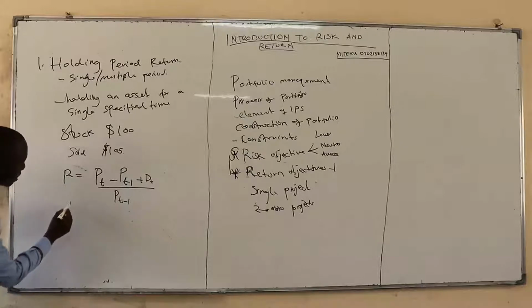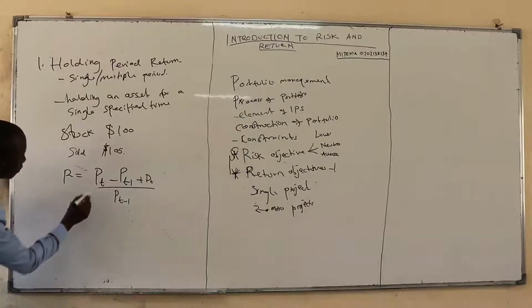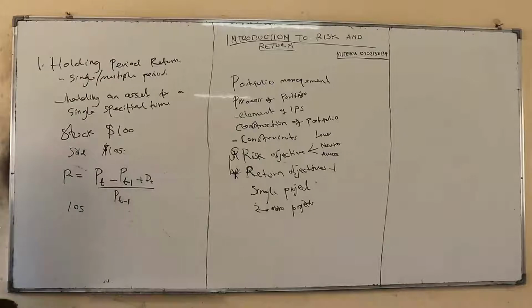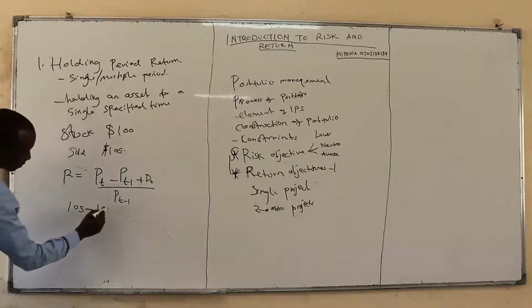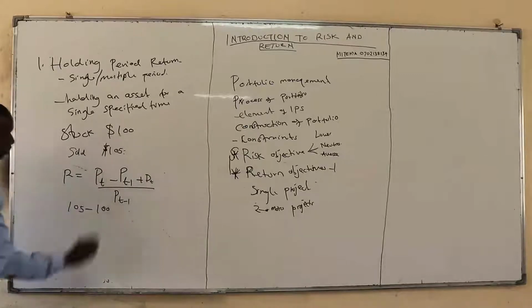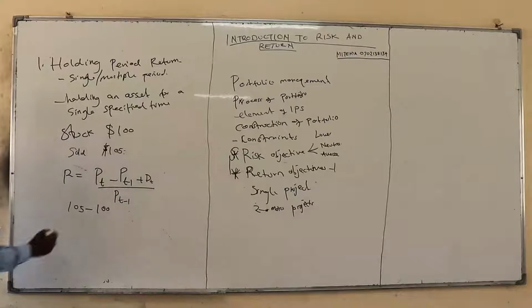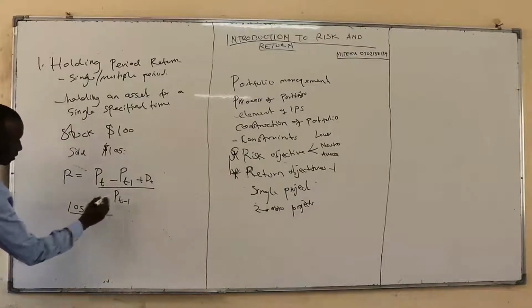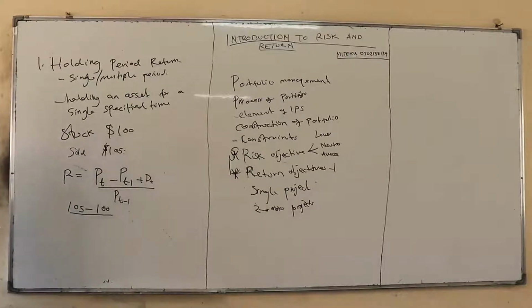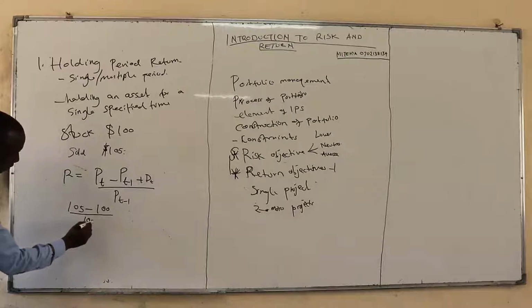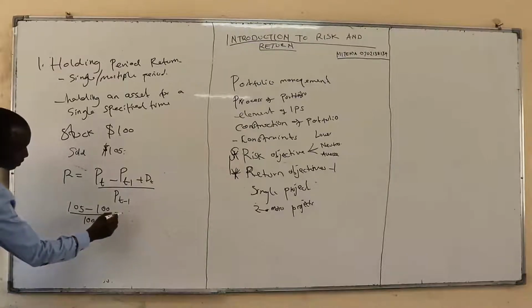It's 105, which is the price at which you sold the stock. You subtract the price at which you bought the stock, which is 100. Then we don't have a dividend in this scenario. Then you divide by the price at which we bought the stock, which is 100.